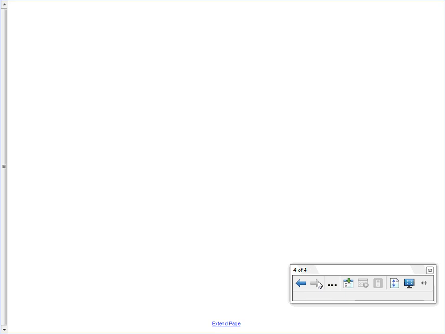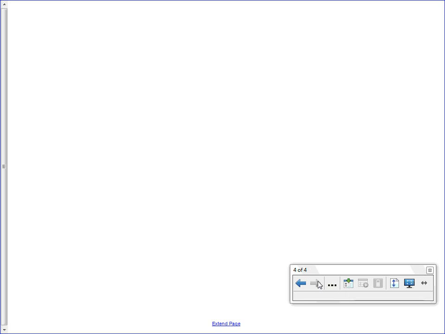So I'll use an example that we've used before. I'll walk you through the 3 steps.